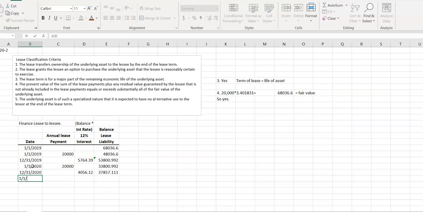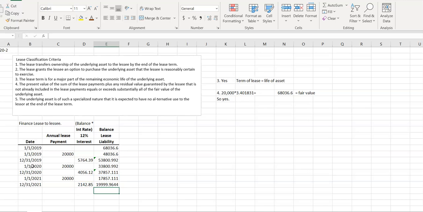And 1/1/2021, I make another $20,000 payment. That comes off my balance. Then 12/31/2021, I charge interest. So it's my balance times 12%. That adds to my balance. And this should be $20,000.